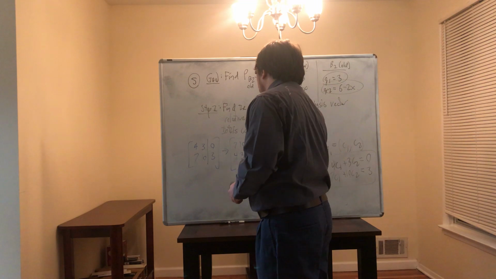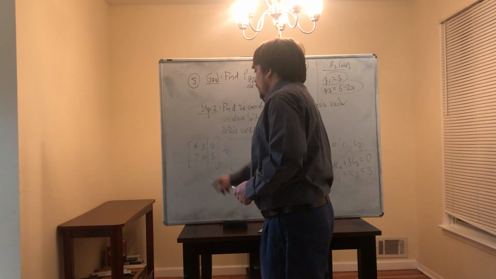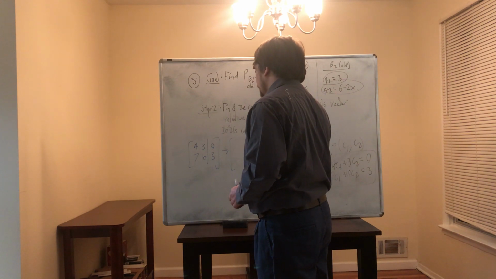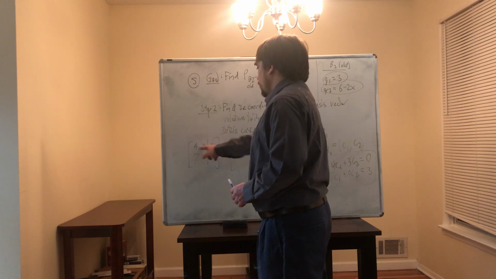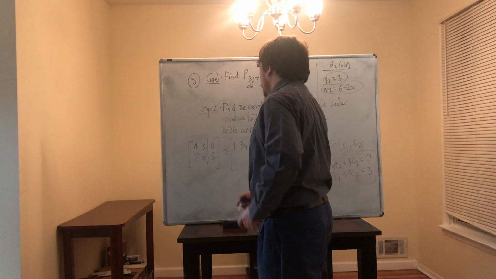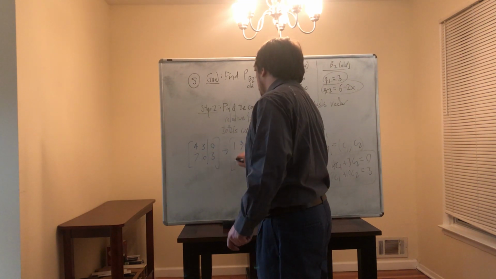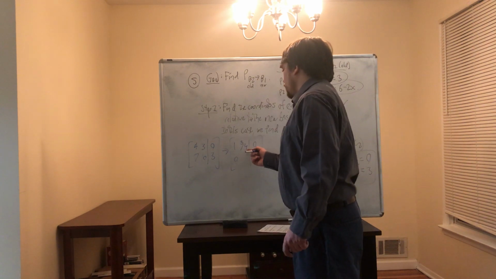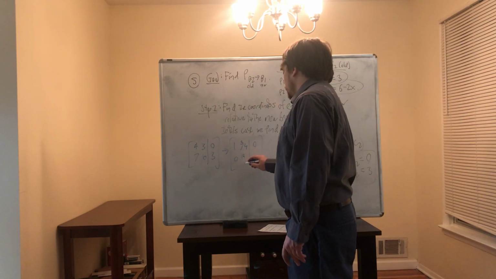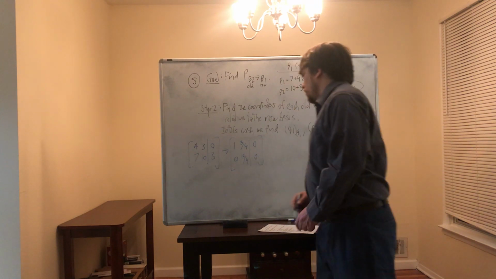Actually, no, sorry, I'm not going to do that. Never mind, I'm going to take 1/4 times the first row. So I get 1, 3/4, 0. And then -7 times this row and add to that one. And so I get -21/4 plus 10. And that's 19 fourths there.